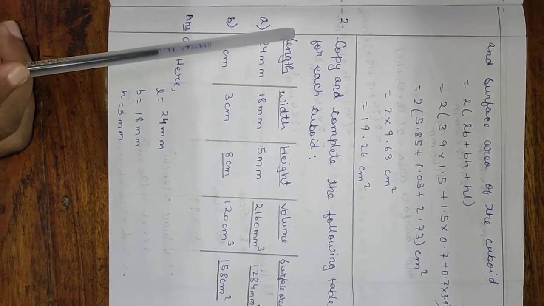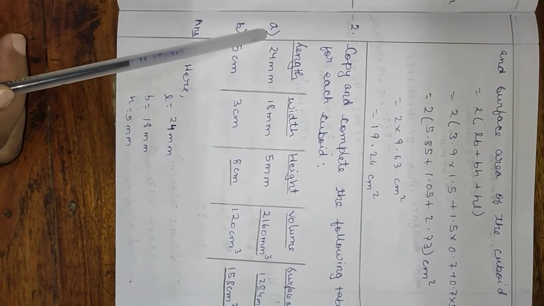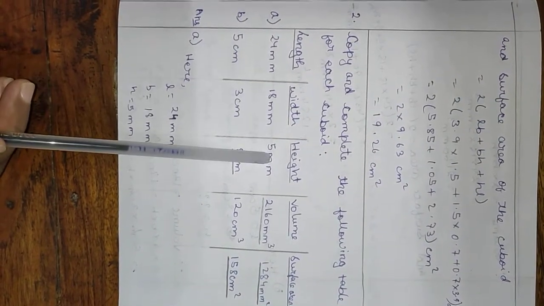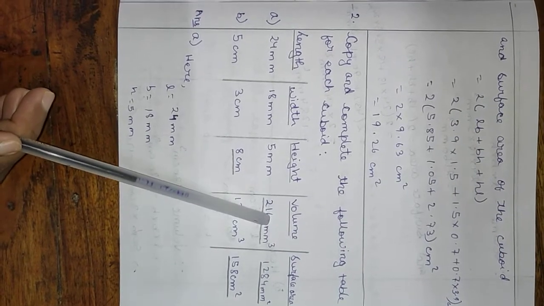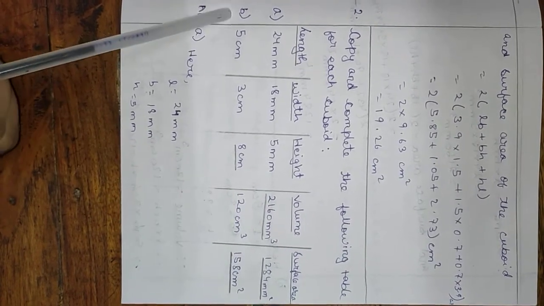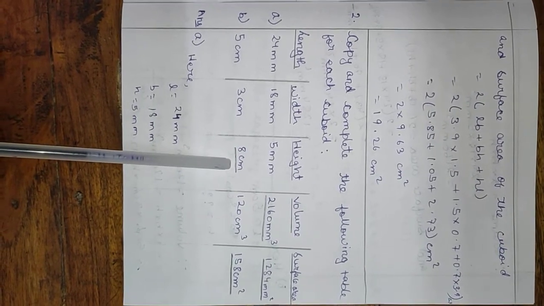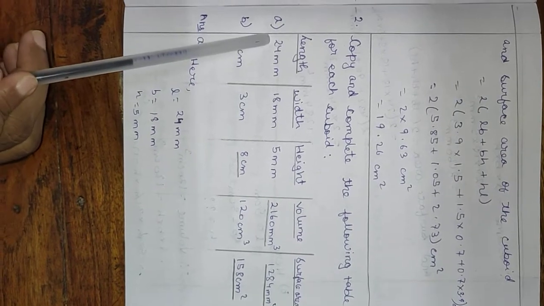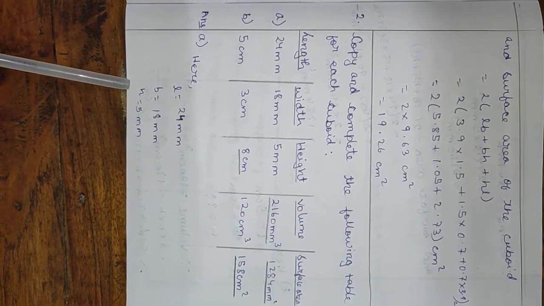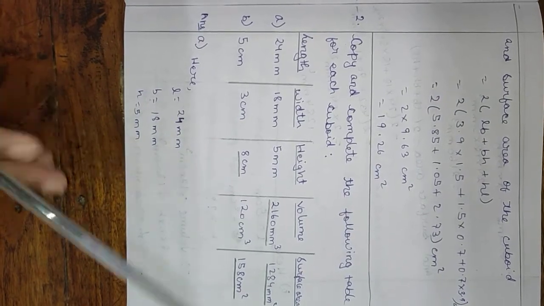Now question number 2, only two questions we will do, number A and B. In question number A, length, breadth, height already given, that is width means breadth only, volume missing, surface area missing. In the second question, length, width is given, height is missing, volume is given, surface area is missing. So first question number A, you will select length, breadth, height and calculate volume and surface area and fill it here.